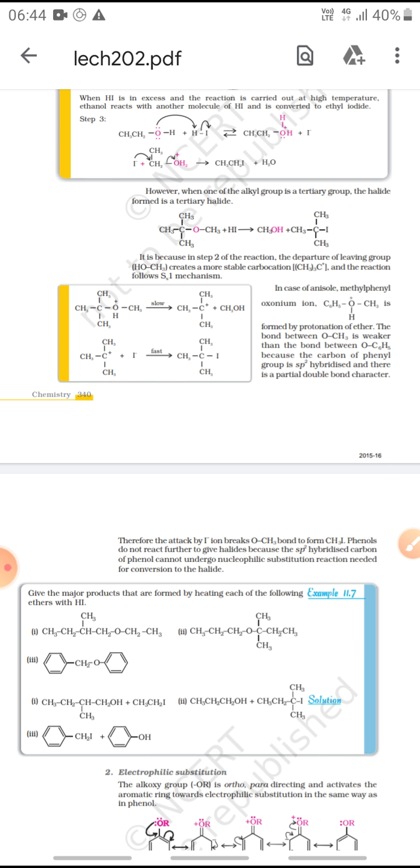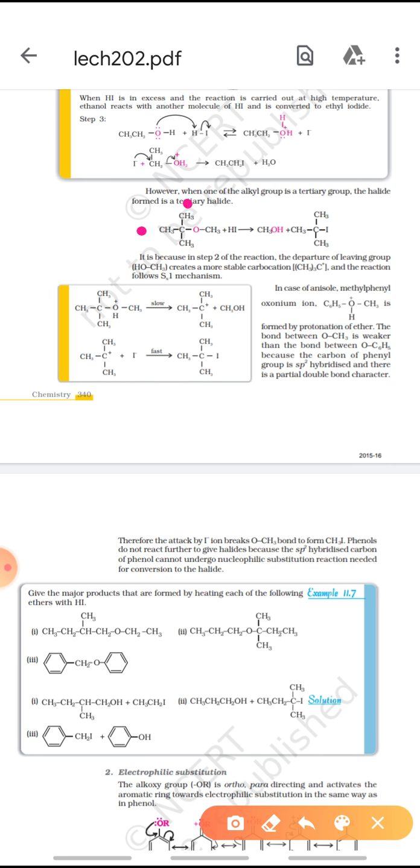You all know that when the bond between carbon and oxygen is breaking, the carbon has more electron density because of the presence of 3 alkyl groups, which are electron donating groups. So it will result in the formation of a more stable carbocation, and the reaction will follow the SN1 mechanism. That means the bond between this carbon and oxygen will break.